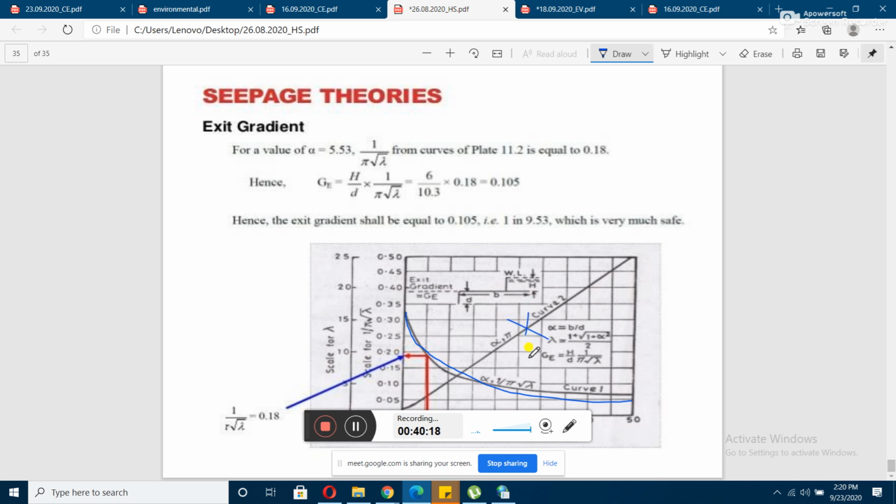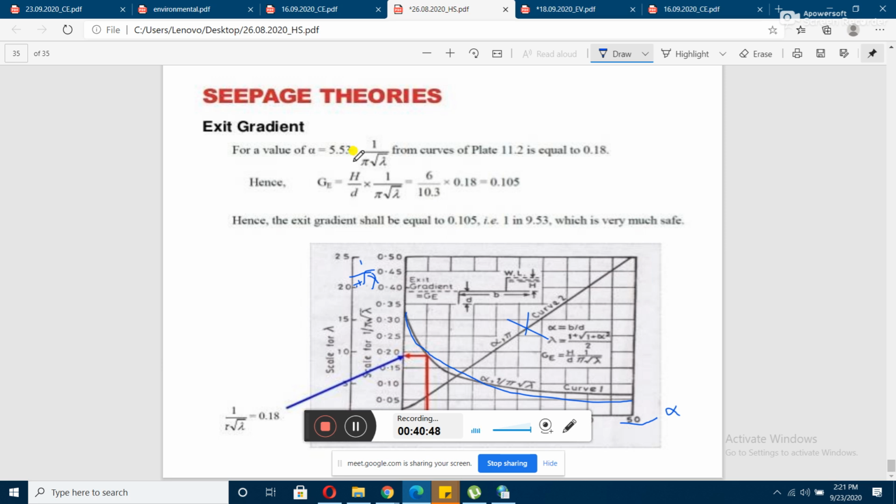So for alpha equal to 5.53, this axis, the abscissa, represents your alpha value, and this axis represents your 1 by pi root lambda. So what you have to do is get the value of alpha.